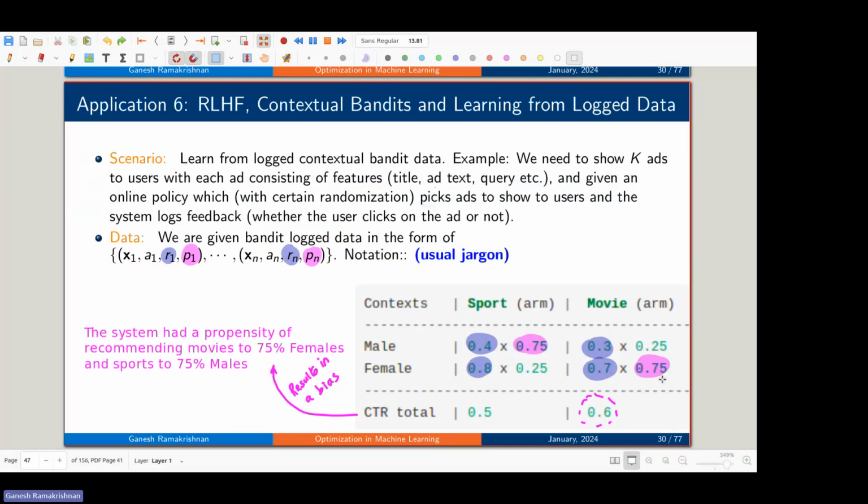This is exactly 0.5. But unfortunately, this 0.5 is less than the other.